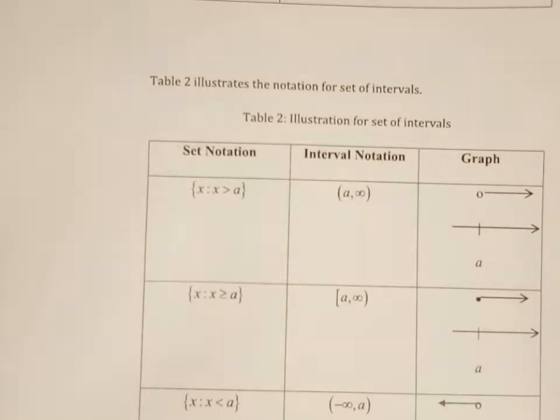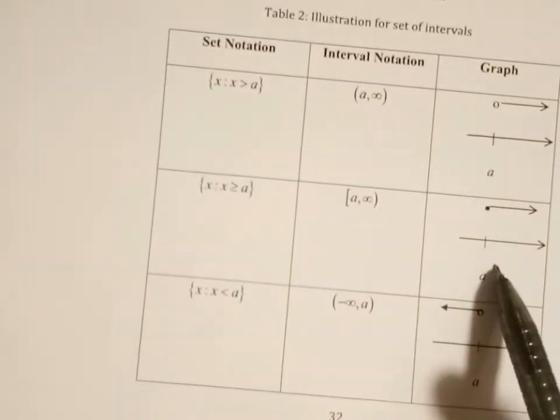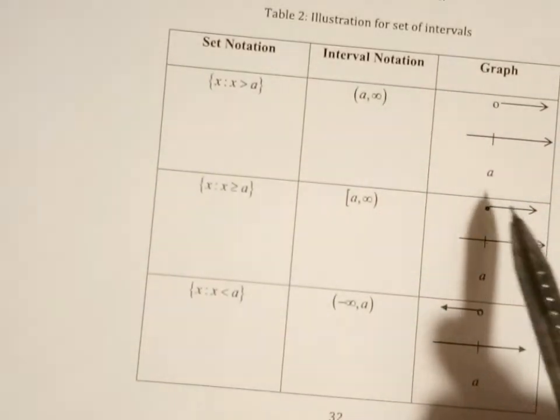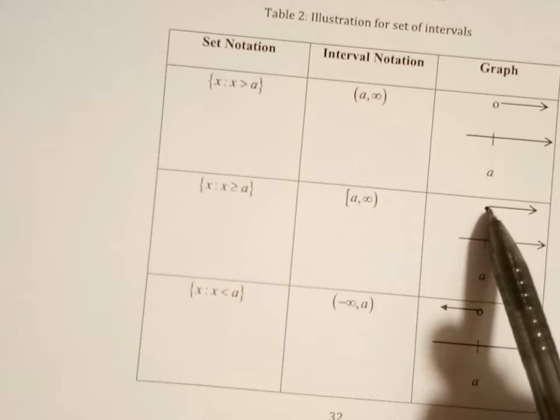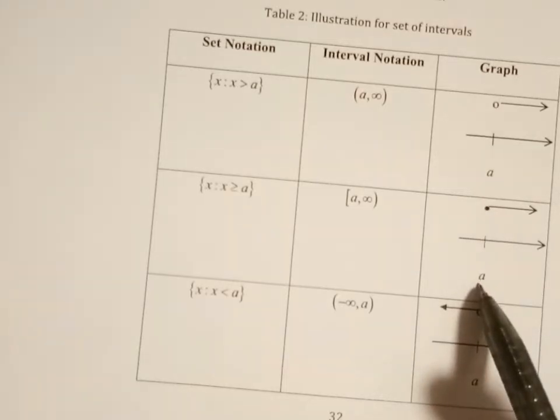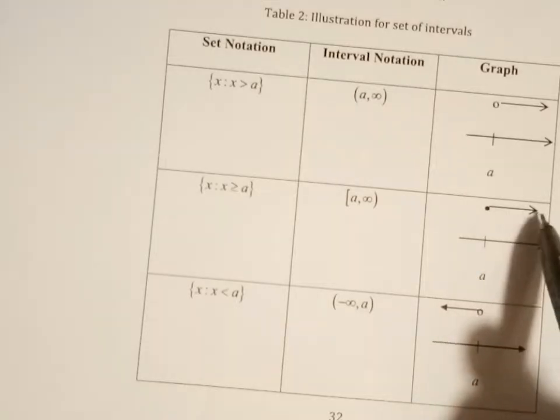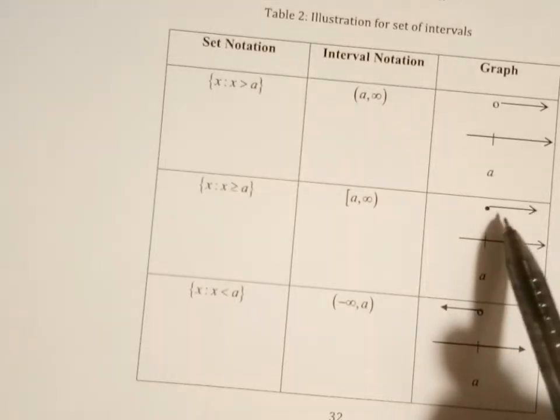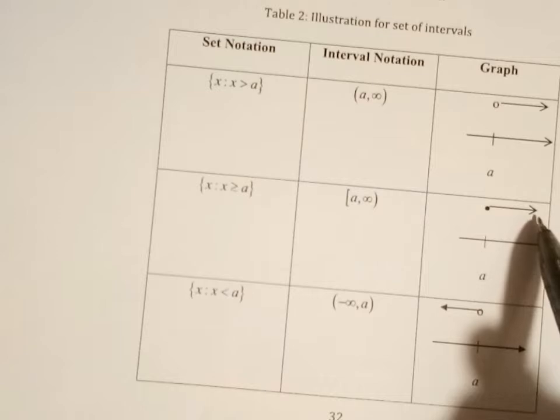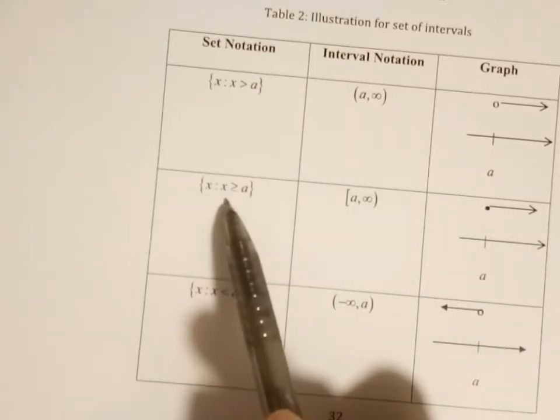For the graph notation, you must have a full dot here, which indicates that A is included in the set, and the arrow on the right side indicates that the values of x are greater than A. The arrow on the right side indicates that x can take values up to infinity, since x is greater than A.